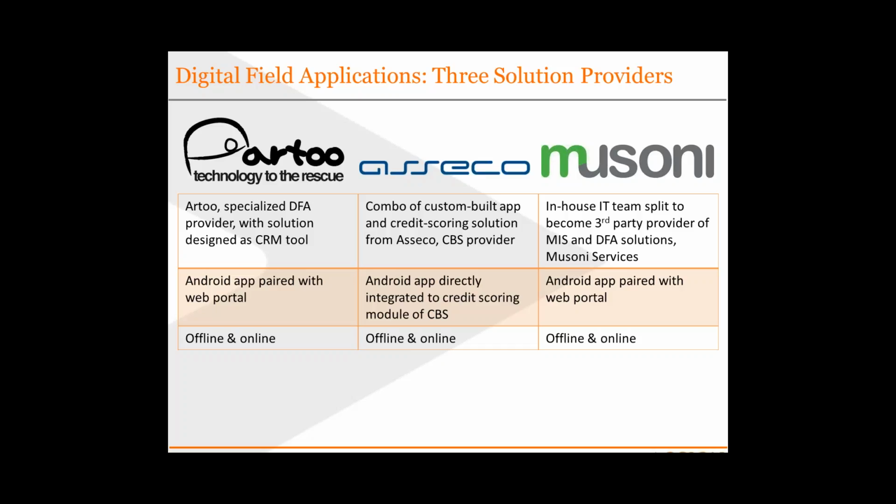Musoni, similarly to Ujjivan, created an app that paired with a web portal using an in-house IT team that had split off to become a third-party provider. So again, Musoni Services was very familiar with Musoni, the MFI, and that enabled it to really understand very well what the needs were.